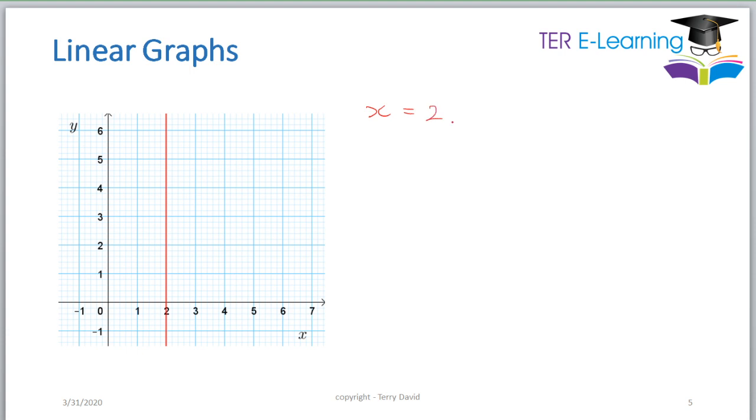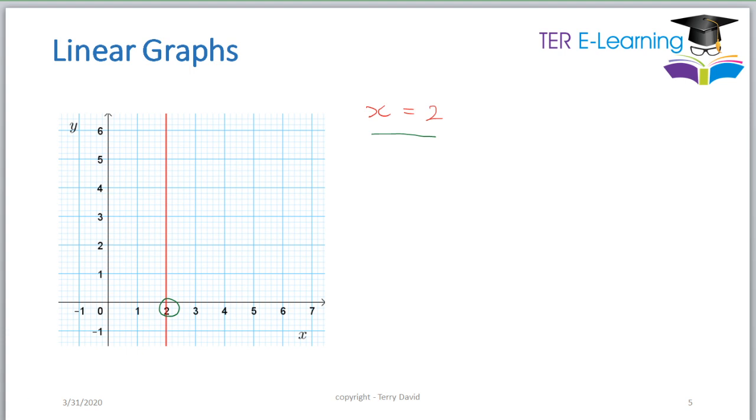Every time you have a vertical line, the equation of that vertical line will always be x is equal to something, right? So if we look at something here, that line passes through the point x equal 2. So the equation of this line is x is equal to 2, right?